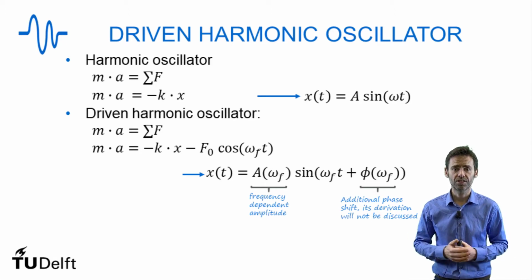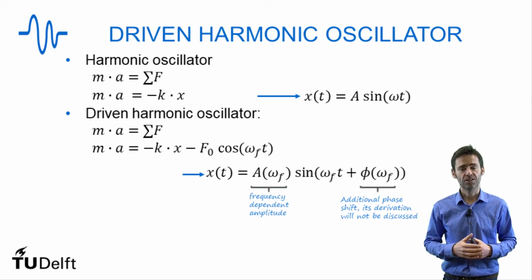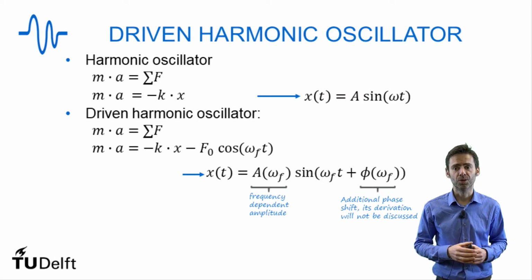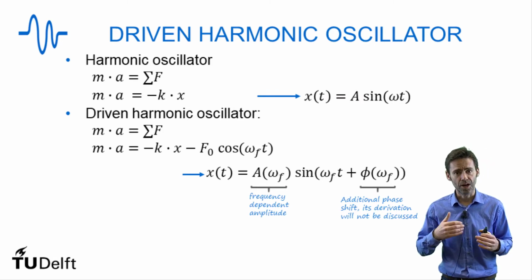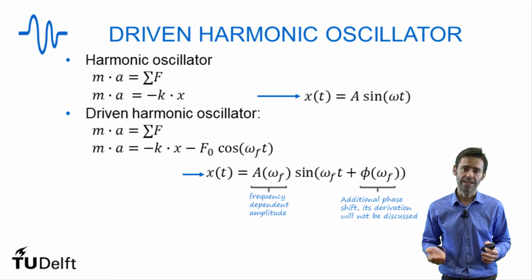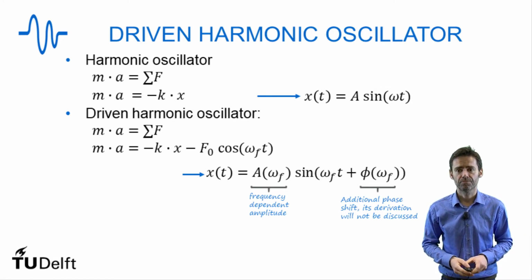Now, if you solve this, then you'll see that the motion of the oscillator is not the simple harmonic oscillator anymore, but it's still a harmonic motion. It's harmonic with a frequency omega_f. It has a phase shift phi that depends on this driving frequency omega_f, and it has an amplitude that depends on this driving frequency omega_f.